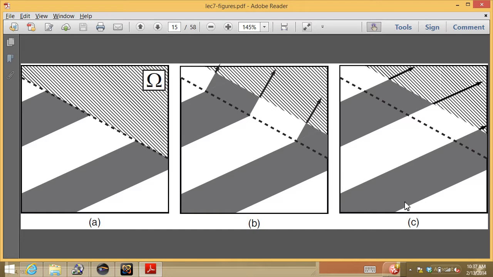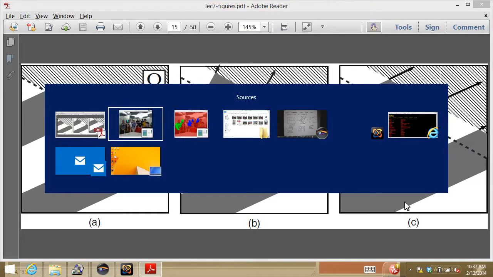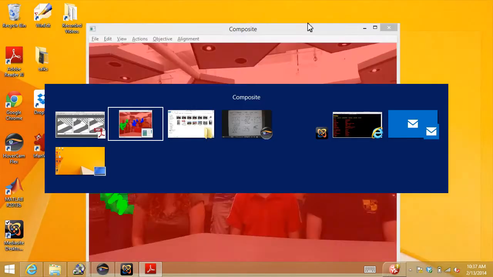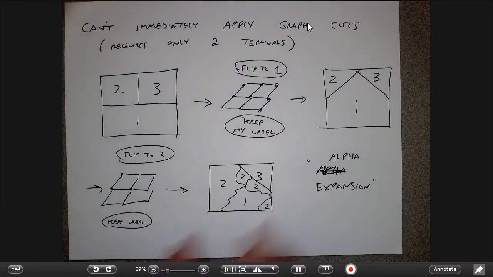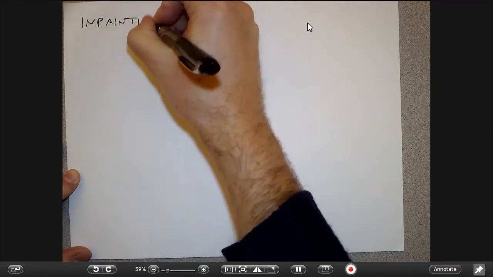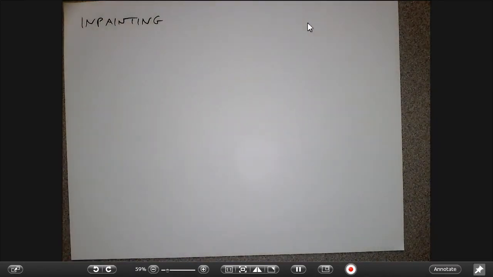Okay, so the next problem I want to talk about is called image inpainting. Inpainting is a word that actually comes from the art history world, where conservators of paintings had to deal with things like cracks and scratches in original paintings, and they needed to restore them to make them look as nice as possible.